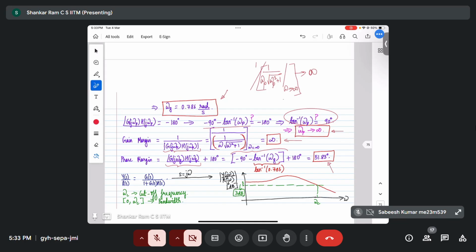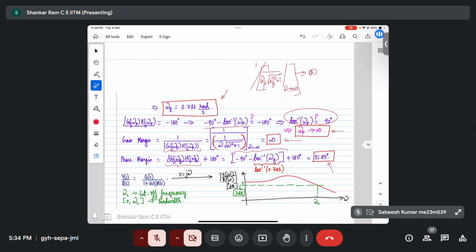So if, for some reason, there are lags in the system, as long as the lag added is less than 52 degrees, I am fine and will not reach the limit of instability. However, when the lag goes beyond that, I may become unstable. That is the inference you and I can draw.